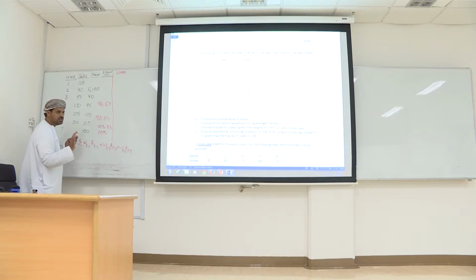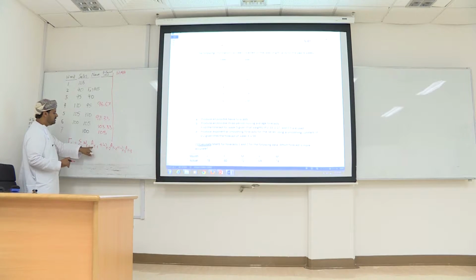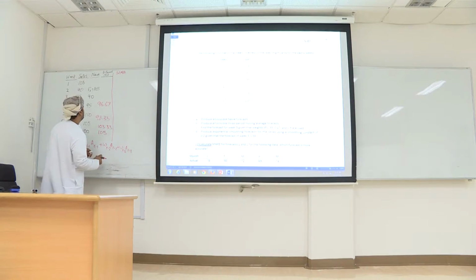We are given 3 weights in here. For each period there is 1 weight, therefore we're talking about a 3-period weighted moving average. So you simply need to multiply the weight by the actual demand. Now we can easily apply this one.